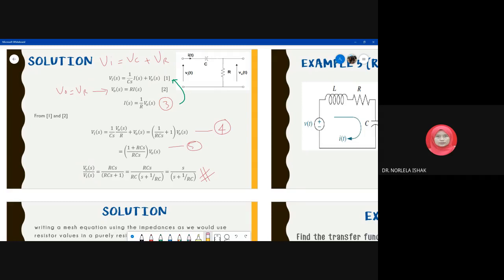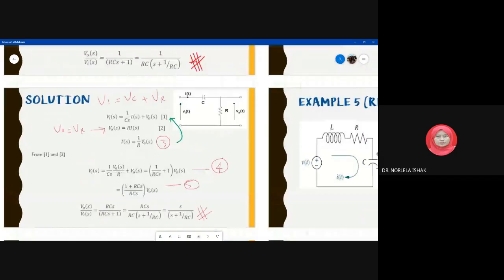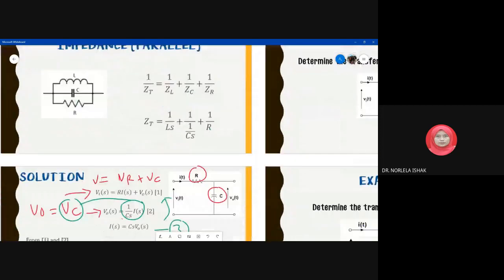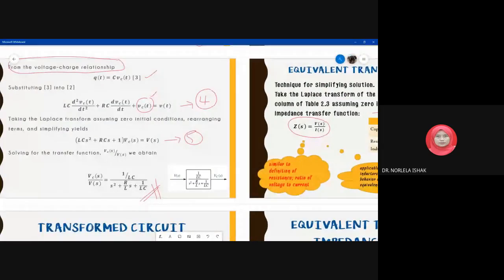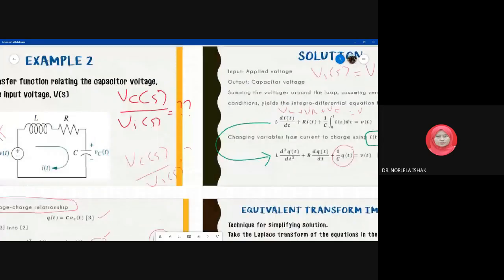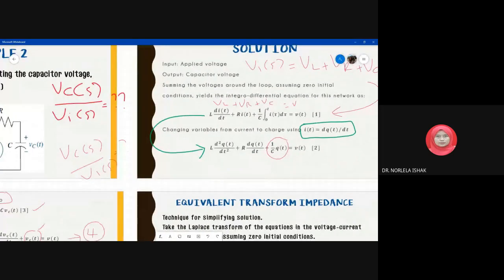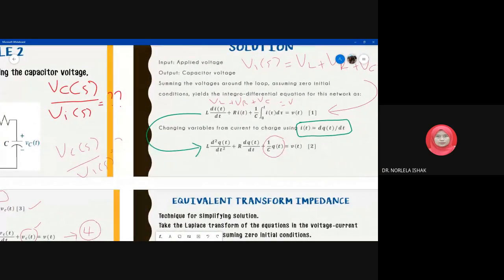This is much simpler compared with the first step. With the first, how do we analyze the circuit? Based on the differential equation, meaning in terms of the time domain.